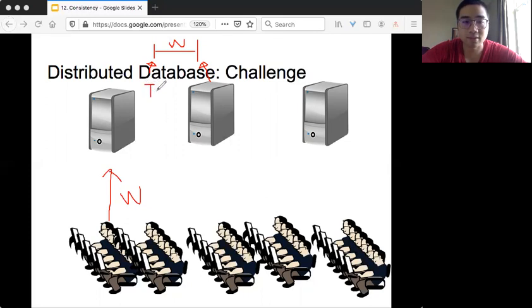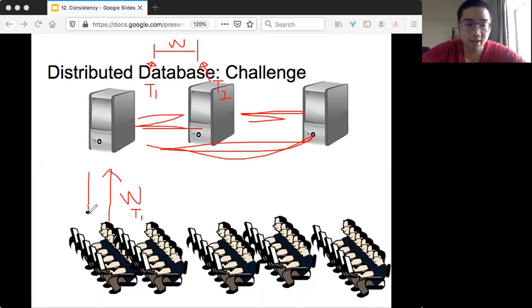Let's say this is T1 and this is T2. The client issues W at T1, some communication happens inside the machines, and finally at T2 the system tells the client it's completed.